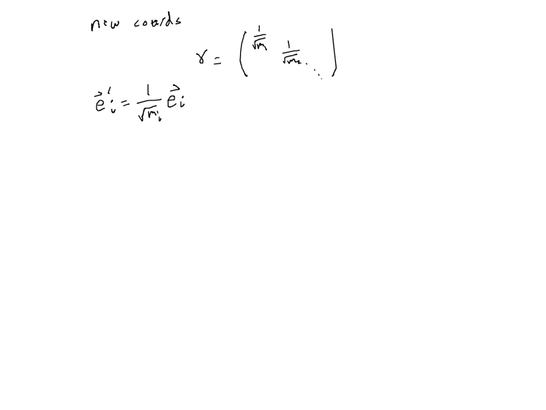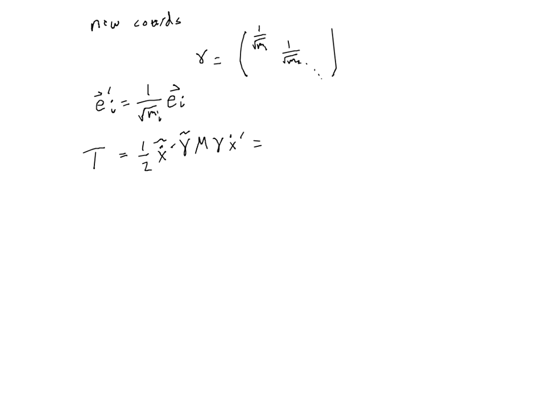If we do that, then our kinetic energy, when we do our transformation, is x dot prime transpose, gamma times M times gamma, which is the transpose of gamma, times x dot prime.